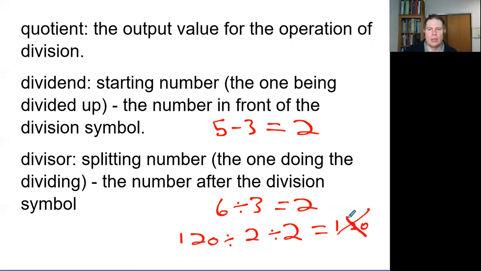No, I'm saying 120 divided in half is 60, and then half of 60 is 40, right? We've got to do each division in turn. Oh, half of 60 is not 40. Half of 60 is 30.